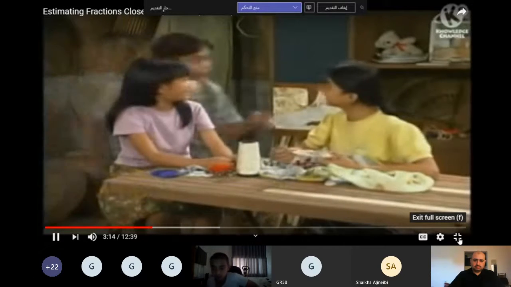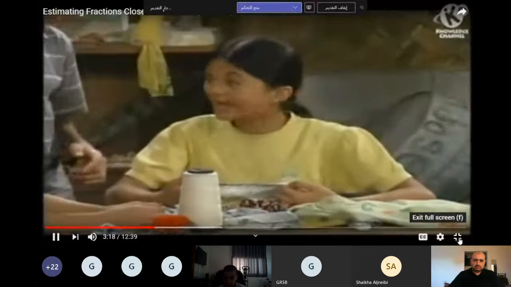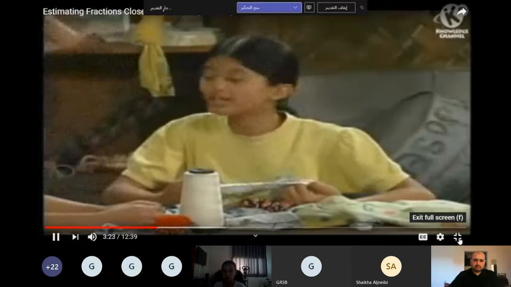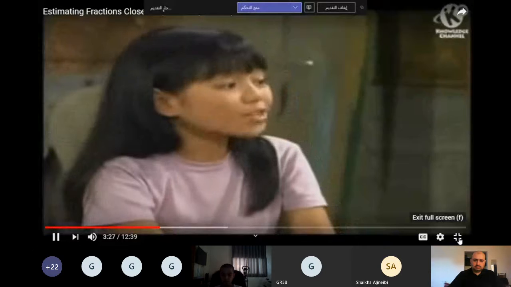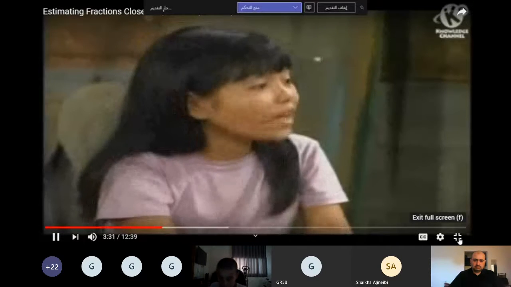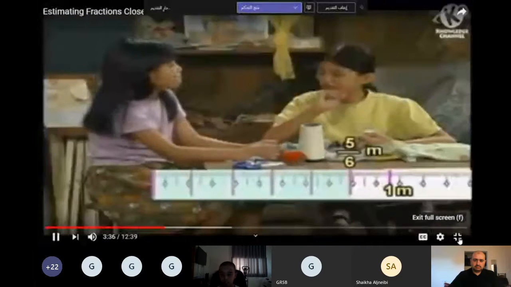You should estimate. Estimate? Right! I don't have to use the exact measurements. I can just estimate the fractions to their nearest value. Now I remember. Fractions can be estimated as being close to 0, 1, and 1/2. So I need 5/6 meter.